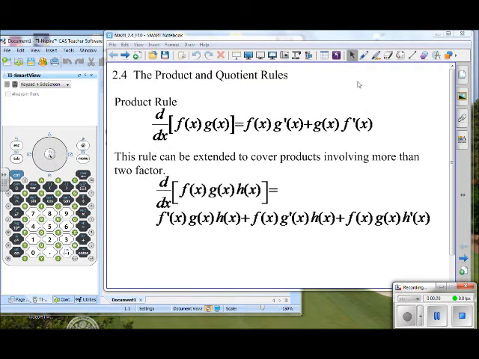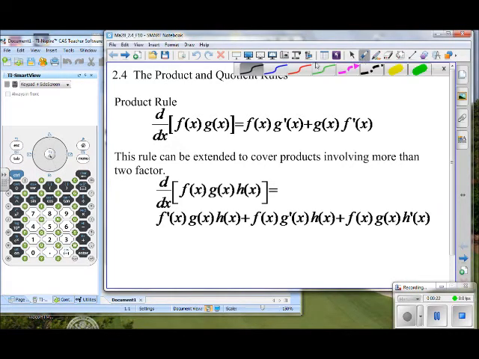So we're going to take a look at this product rule and identify some information about it. For instance, we've got two functions, f of x and g of x, and we're multiplying those together. Take a look at what happens with the f of x. I'll highlight it in yellow here.